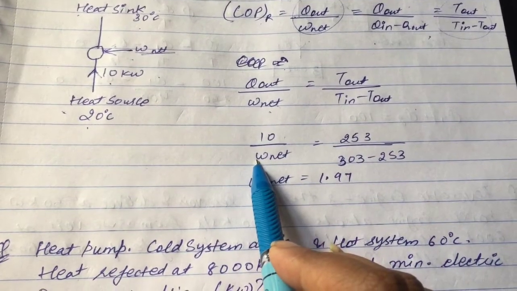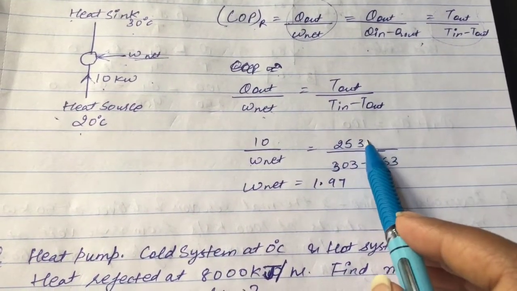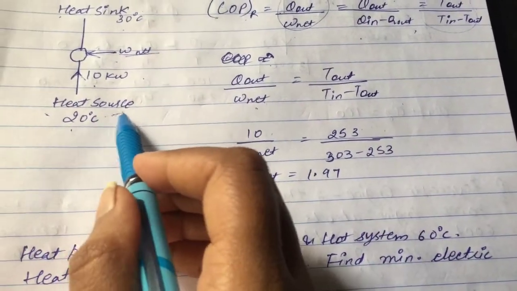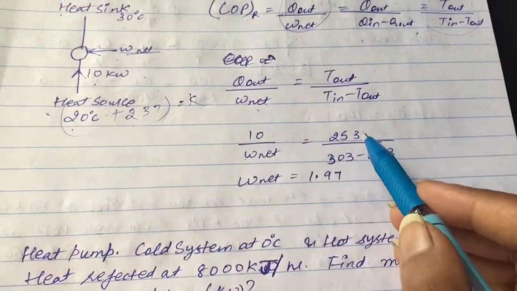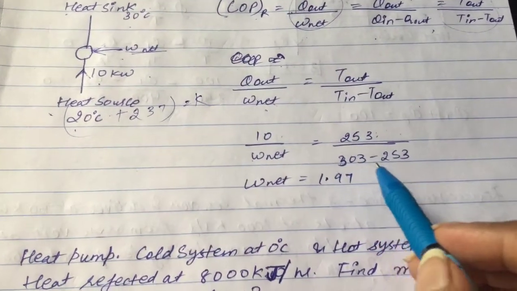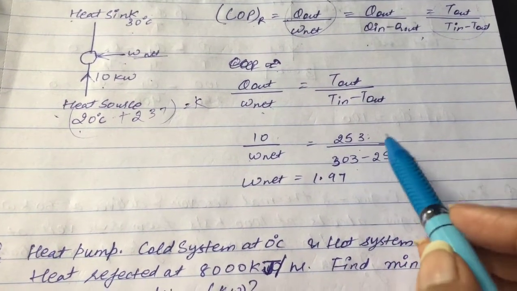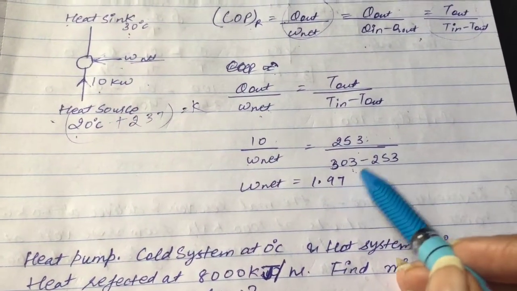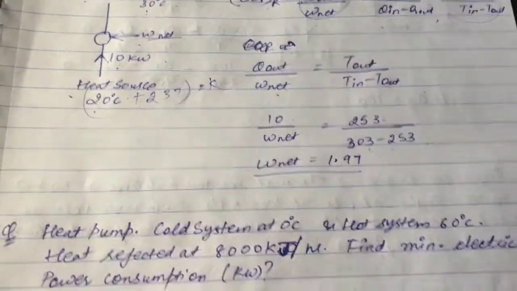Work net we have to calculate, and temperature out is 253, which is 20 degrees plus 273 in terms of Kelvin, upon T in, which is 30 plus 273, which is 303 Kelvin, minus 253. So work net comes out to be 1.97.